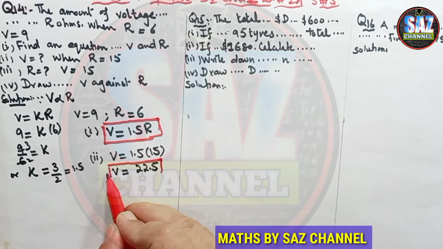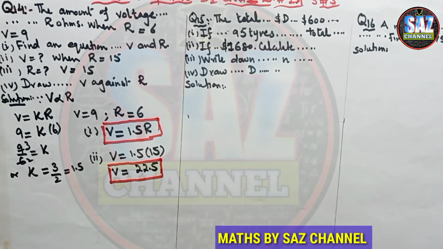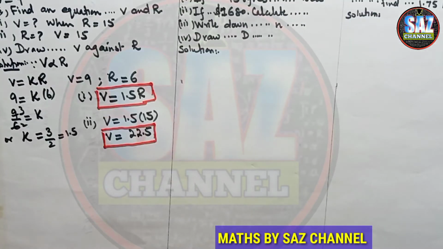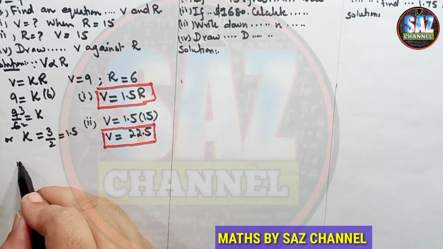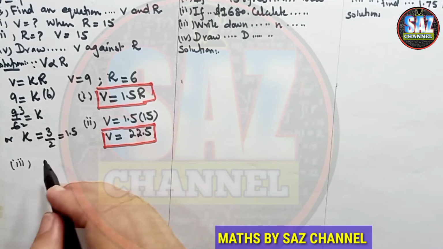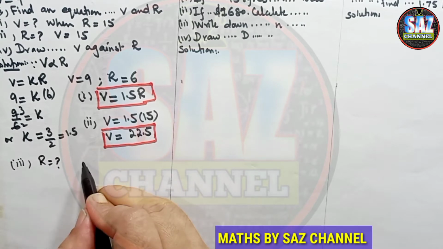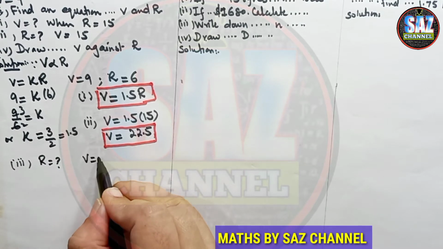And then coming to the third part of the question, we have to calculate R. The third part is that we have to find the value of R for which V is 15.